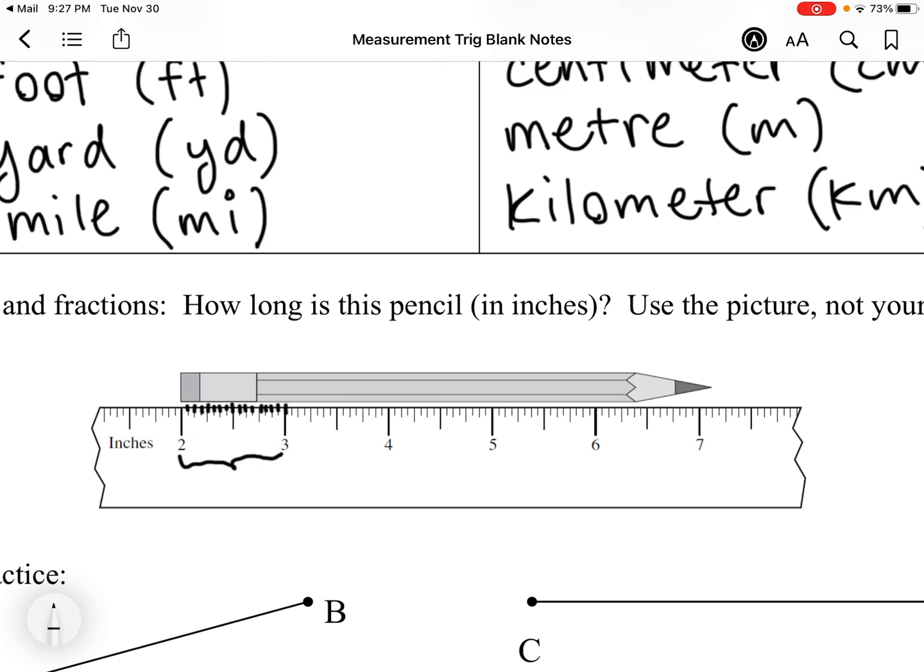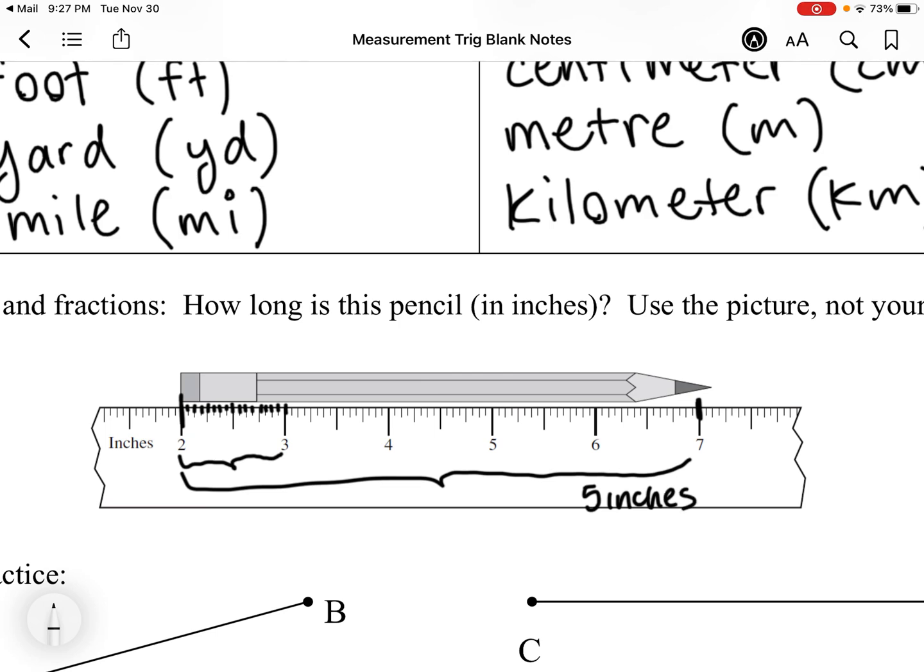Once you figure out that mixed fraction, you can convert it into decimals if you wish. I'll show you what I mean. If we want to know the length of this pencil, it starts at 2, and this is the next whole inch. So this over here represents 5 inches.